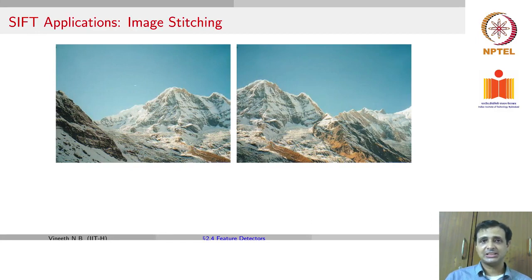One of the popular applications that SIFT can be used for, as we started the last lecture with, is image stitching, where you find SIFT key points in both images, then match descriptors and find out which key point from image 1 has gone to which key point in image 2. Once you find these matching key points, you can solve a system of equations to find the transformation between two images. And once you find the transformation, you can stitch them together to make a panorama. This part we will talk about a little later when we talk about image matching.